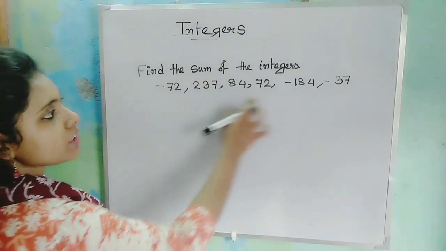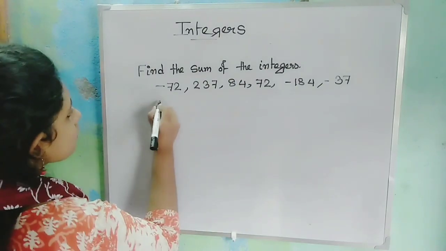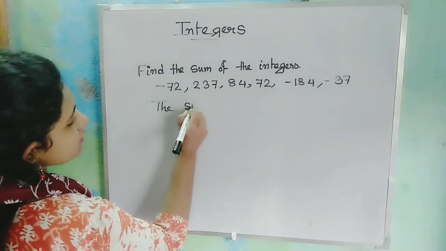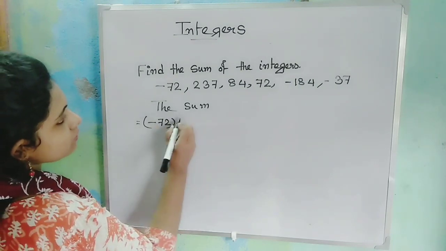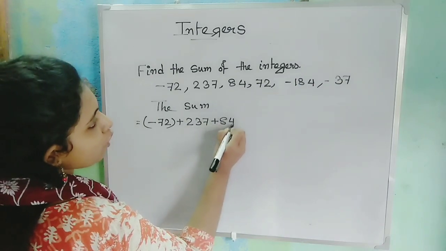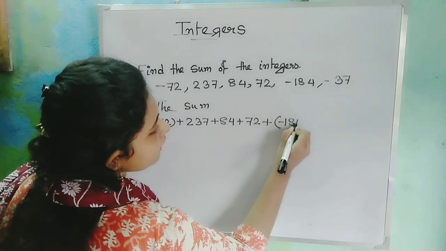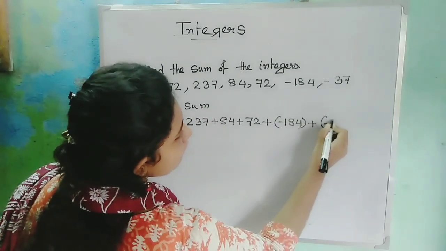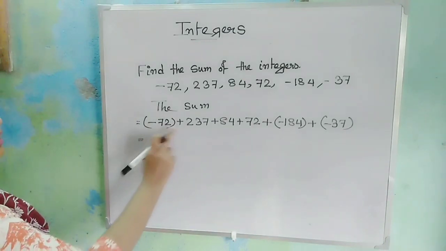Find the sum of these integers. So we have to add all these integers. So let's start. The sum equals minus 72 plus 237 plus 84 plus 72 plus minus 184 plus minus 37. So at first we have to add these two.